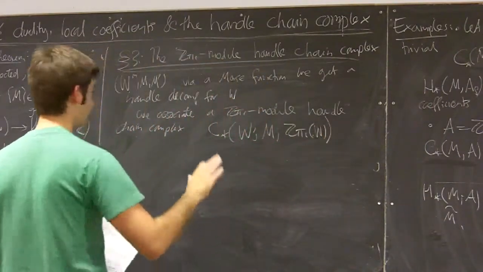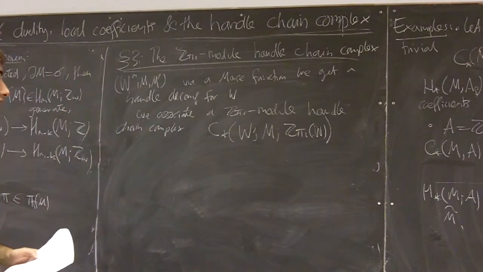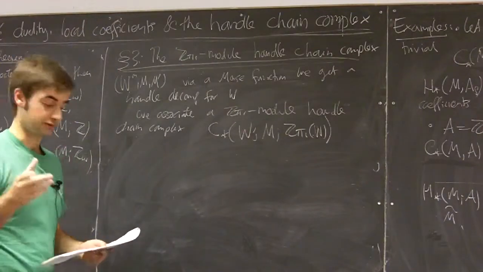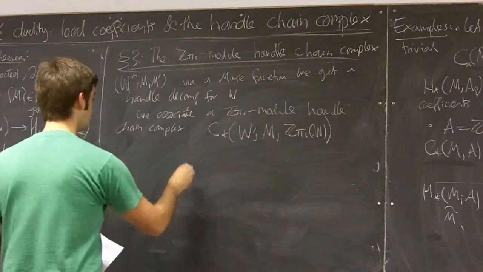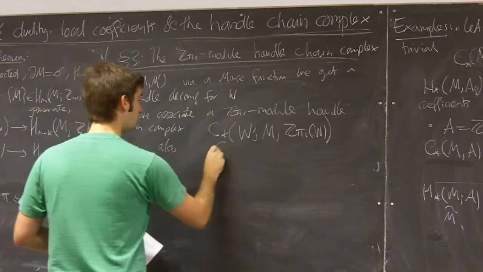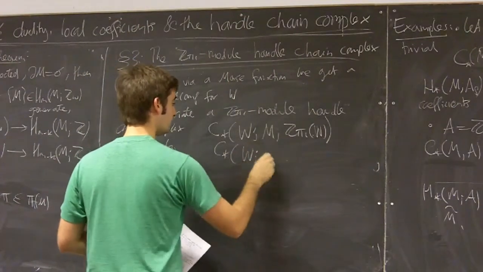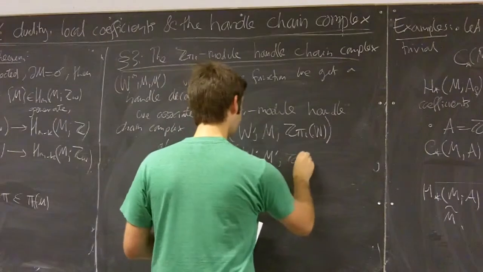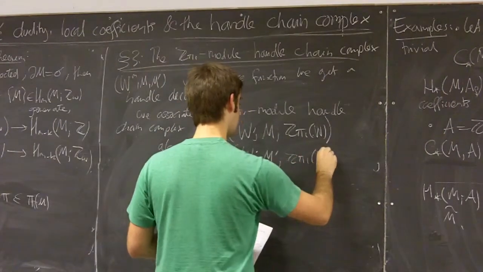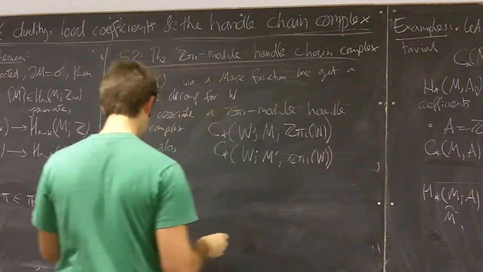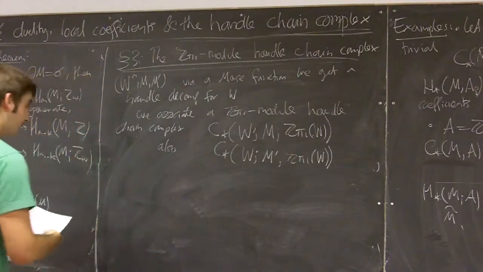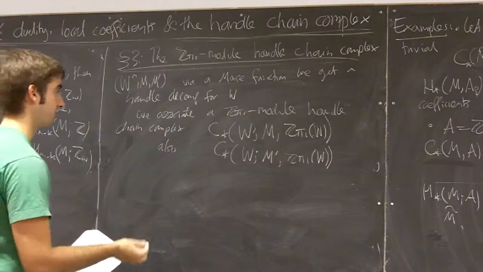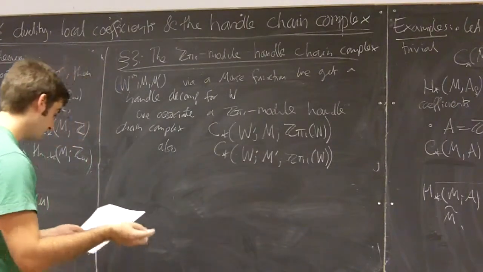And viewing the handle decomposition upside down, or switching our Morse function to minus the Morse function, we also have this rel the other boundary component.